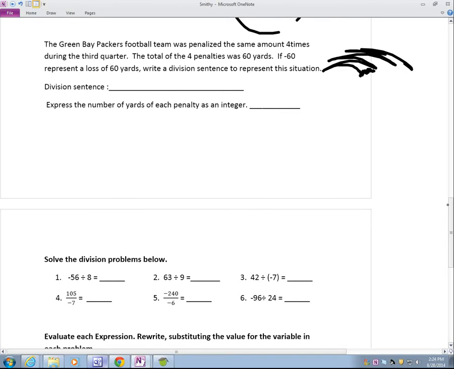Okay, let's see here. Abby, what'd you get there? That's good. Or you could say, what is the quotient of -60 by -4?